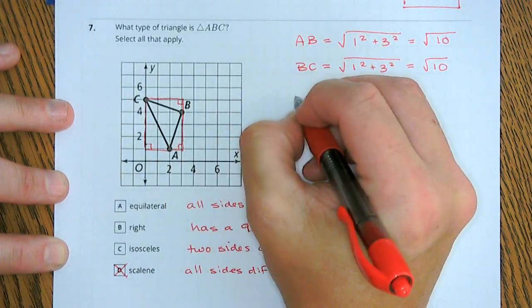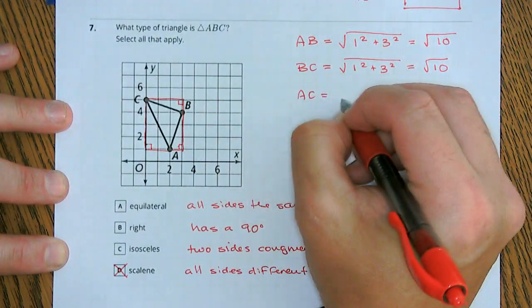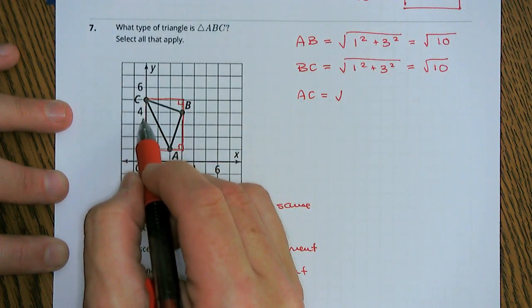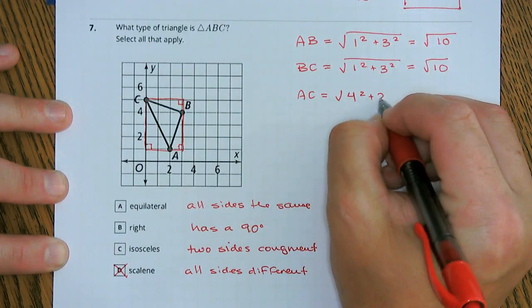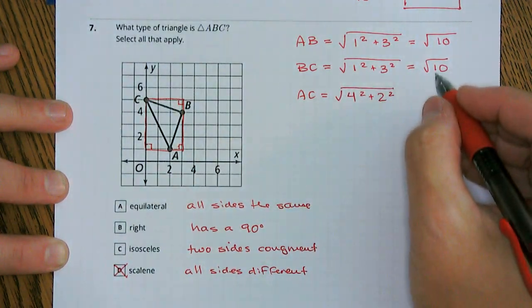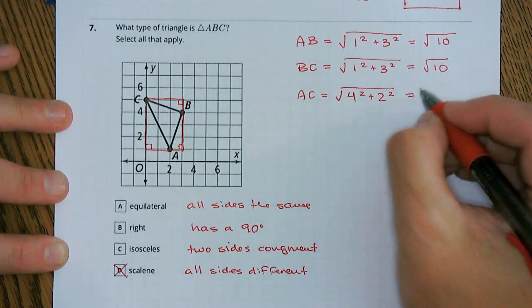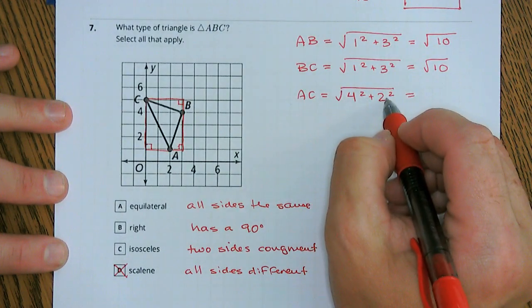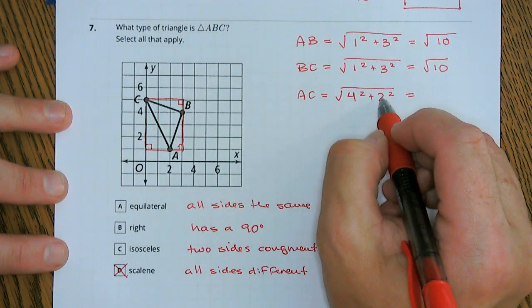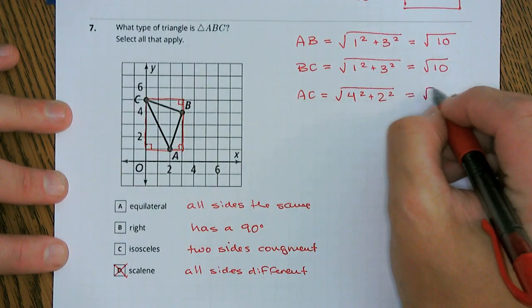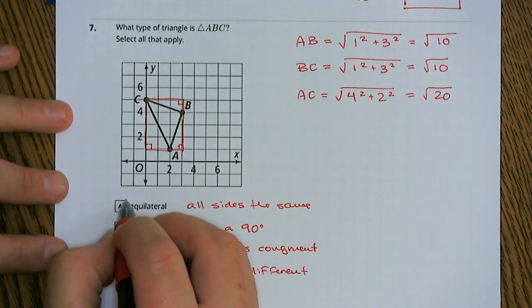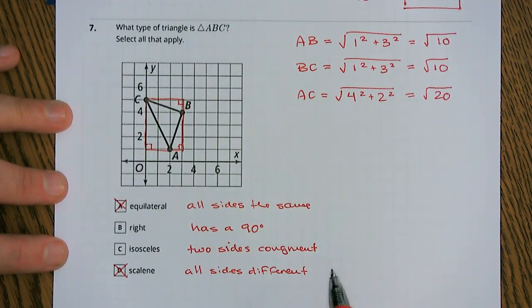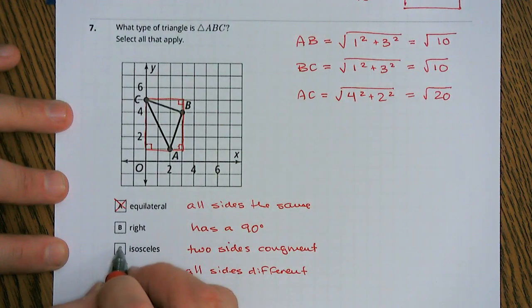Just to confirm, AC is 4 by 2, so 4 squared plus 2 squared. 4 squared is 16, 2 squared is 4, 16 plus 4 is 20. So the square root of 20. We know it's not equilateral. Two sides are congruent, so it's going to be isosceles.